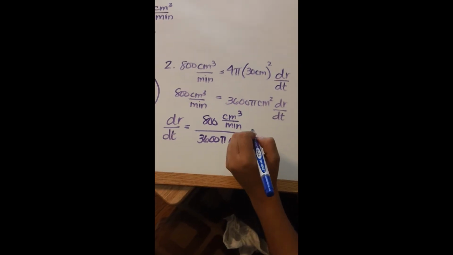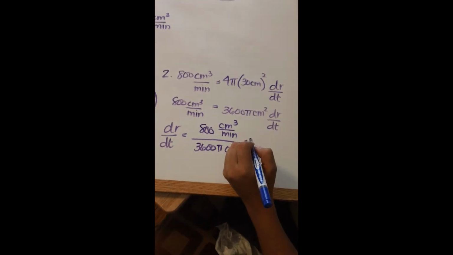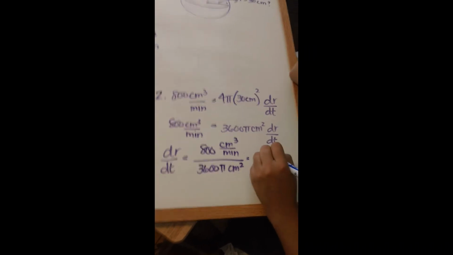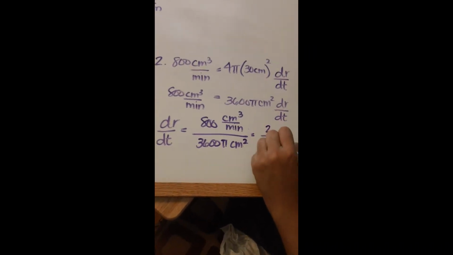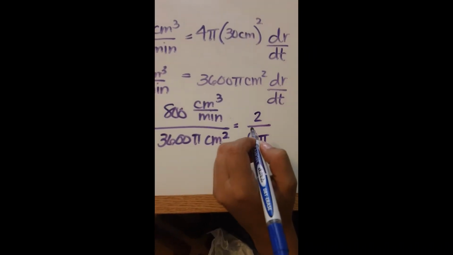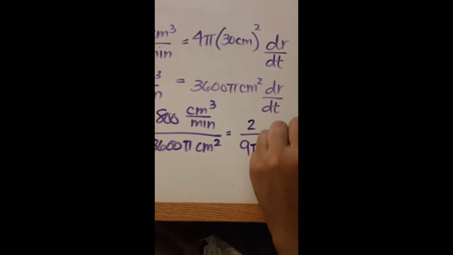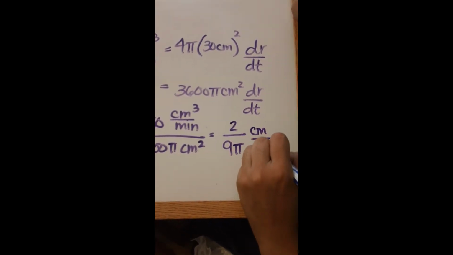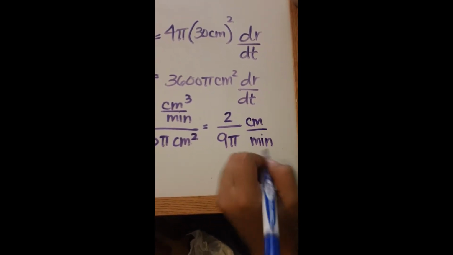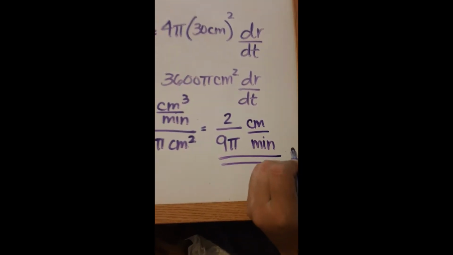And we can simplify this to 2 over 9 pi centimeters per minute. And that would be the answer to example 3.